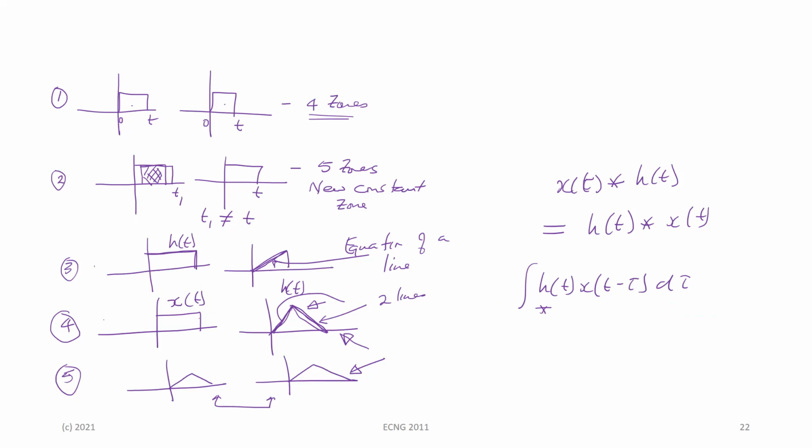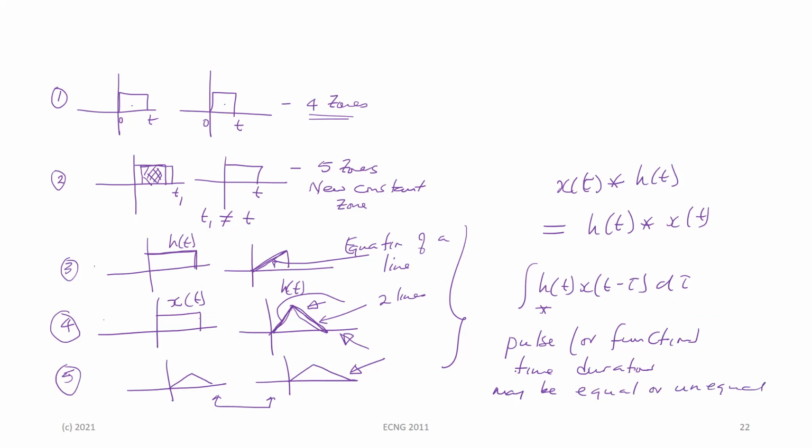So those were the sort of scenarios, and of course, in all of these cases here, the pulse or function lengths, time durations, I should say, may be equal or unequal.